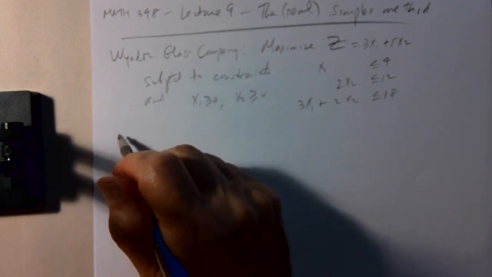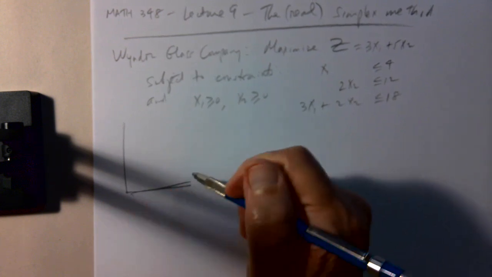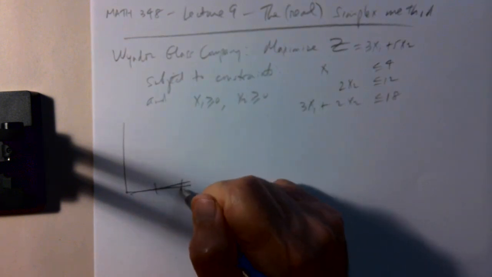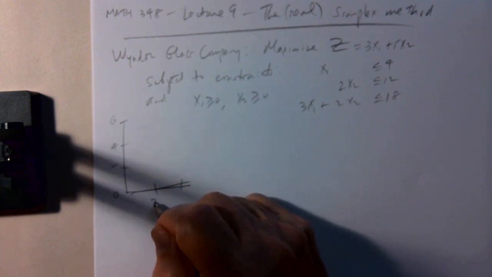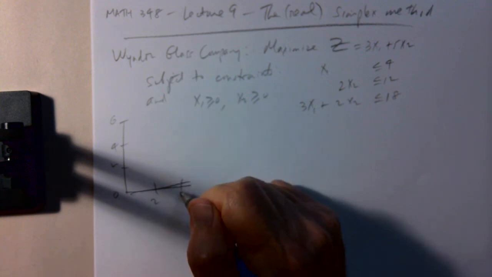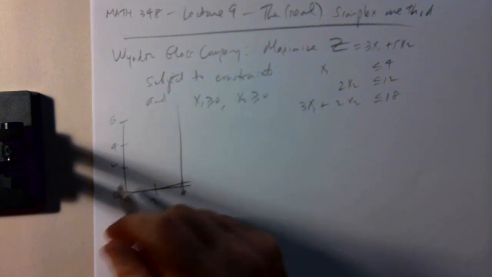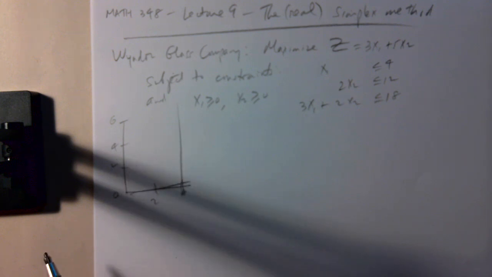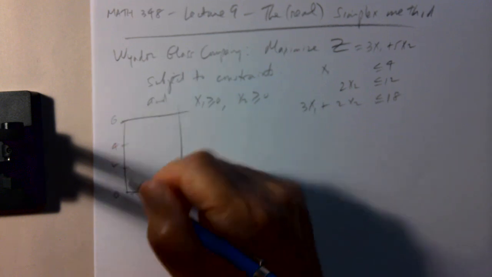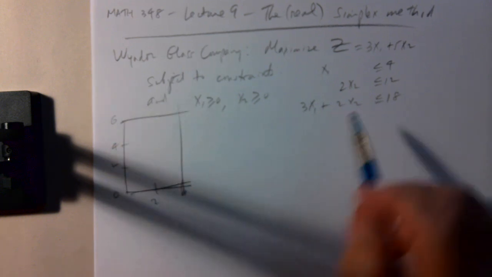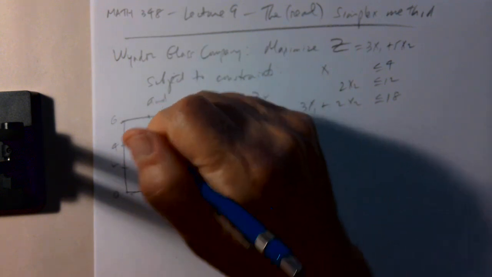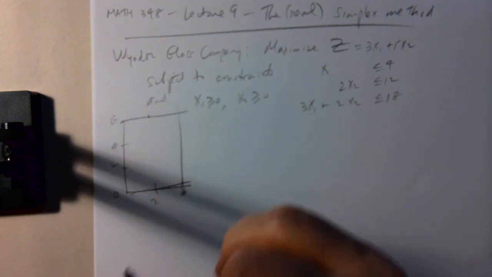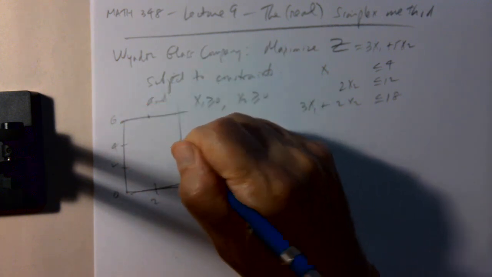So if we set up the feasible region for this, x1 less than or equal to 4 means we're in this strip between 0 and 4. 2x2 less than or equal to 12 means x2 is at most 6. So we're inside this rectangle. And 3x1 plus 2x2 equals 18 is a line that looks like this.